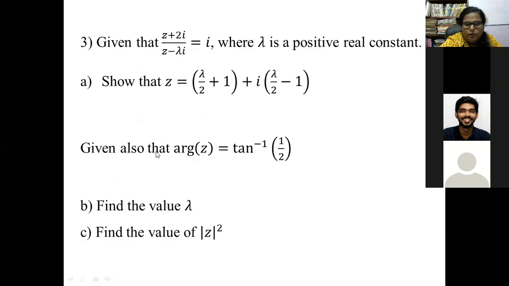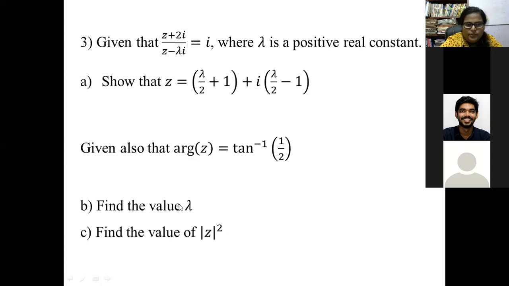And given also that arg z is equal to tan inverse half. So if arg z is given like tan inverse half, then find the value of lambda and find the value of modulus z squared.